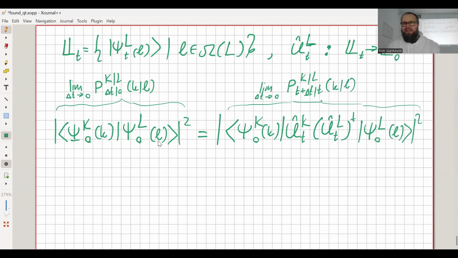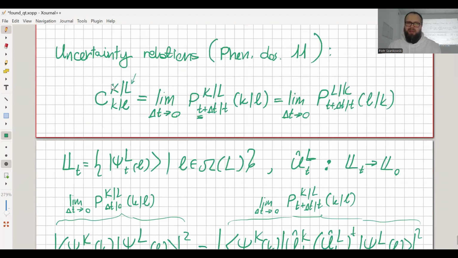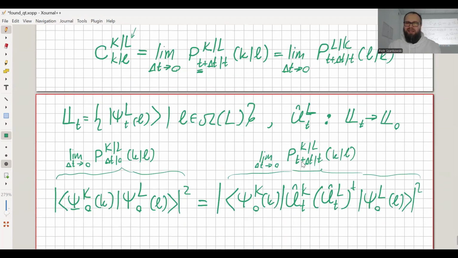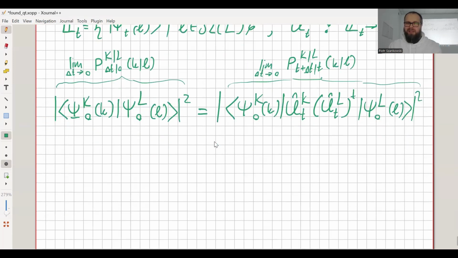And according to uncertainty relations, it doesn't matter at which absolute time you take your rapid measurements.